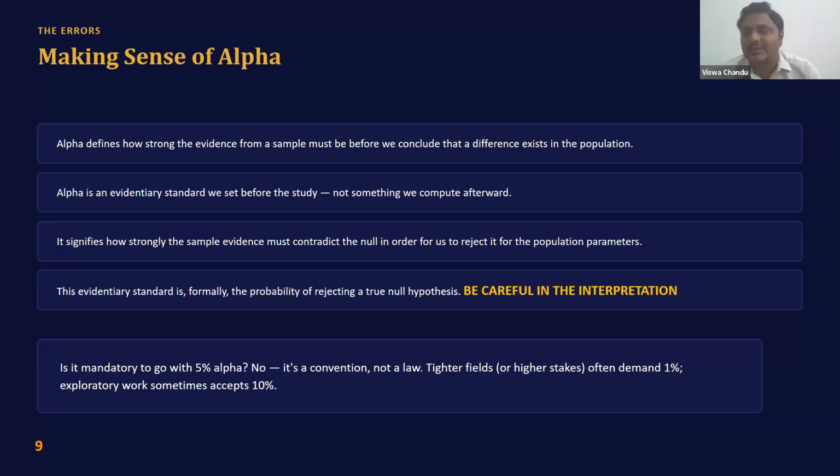So the real meaning of alpha is in a population where the null hypothesis is actually true. So that is a conditional statement. In a population where the null hypothesis is actually true, if I repeat this study endlessly, if I do the same thing again and again, I am accepting that 5% of my results would be false positive in nature because I am working with samples.